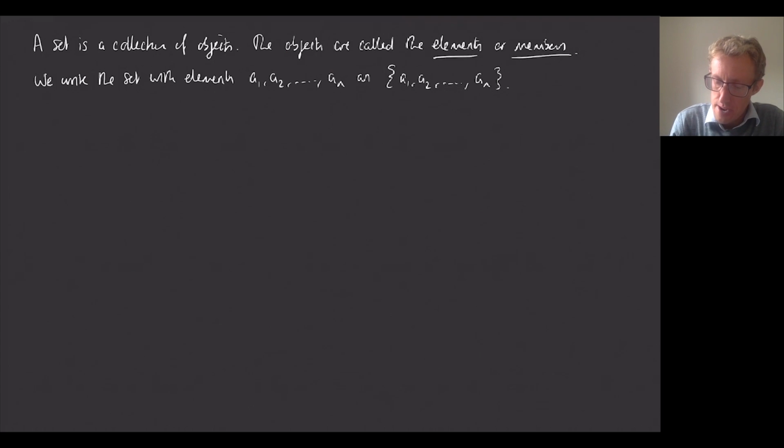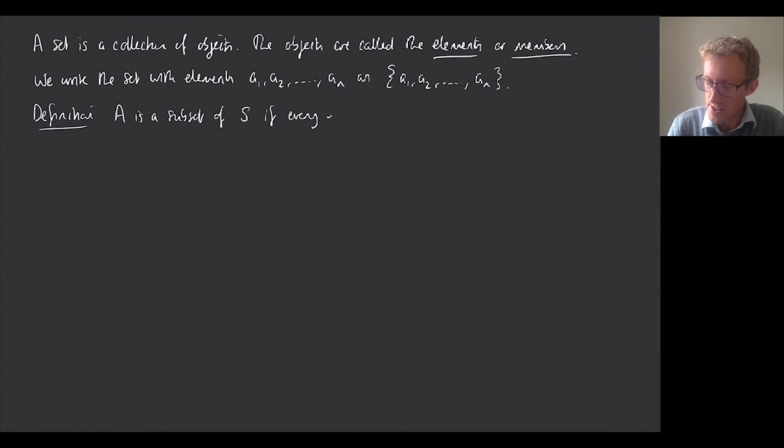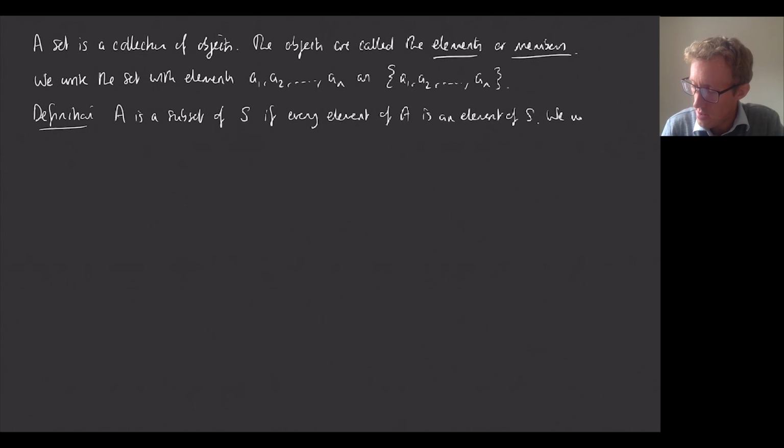Okay, but I do want to define a subset. So here is a definition. A is a subset of another set S if, and this should be fairly straightforward, every element of A is an element of S. Okay, and we write that as A is a subset of S. This symbol means is a subset.